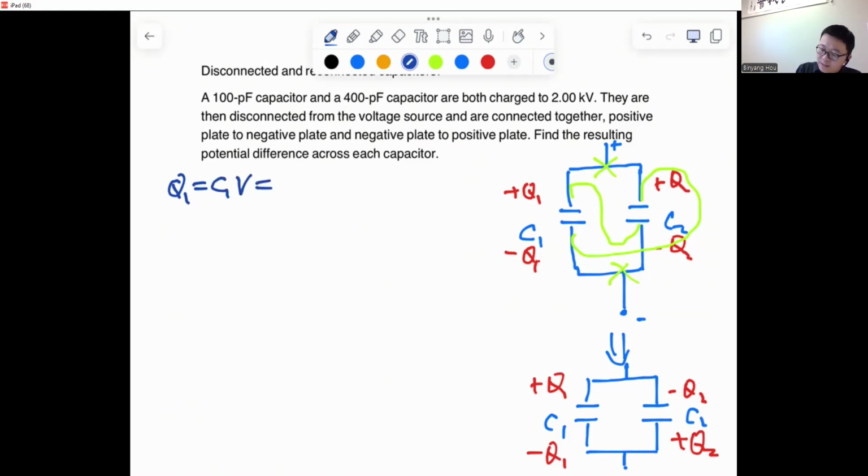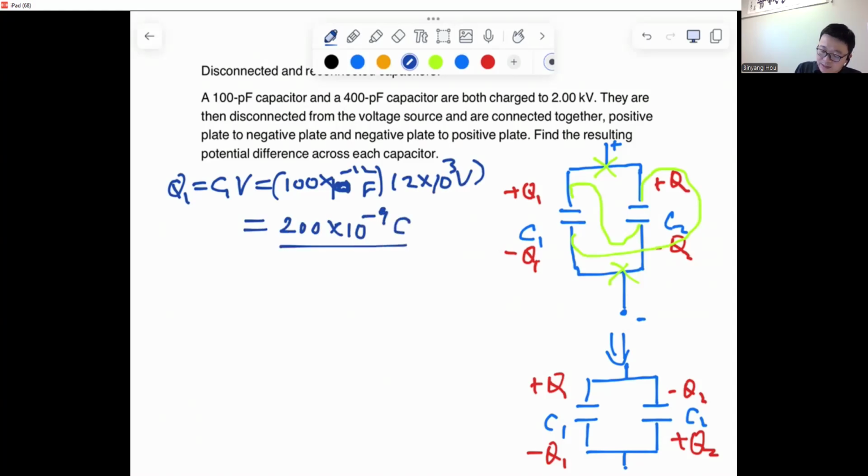So then 100 pico, 10 to the negative 12 F times 2 kV. So that gives us 200 times 10 to the minus 9 coulombs.